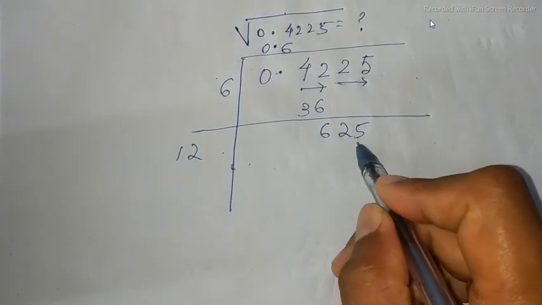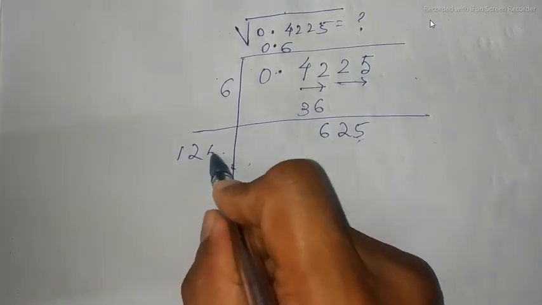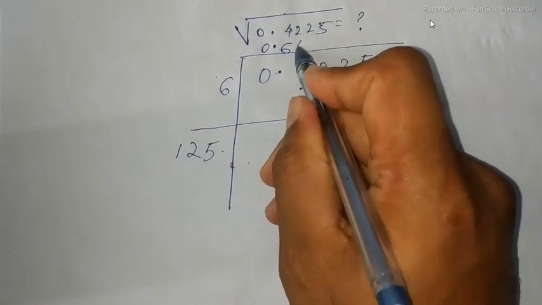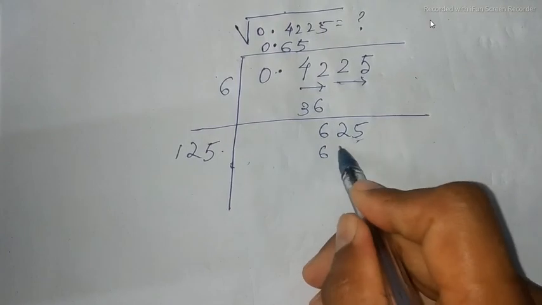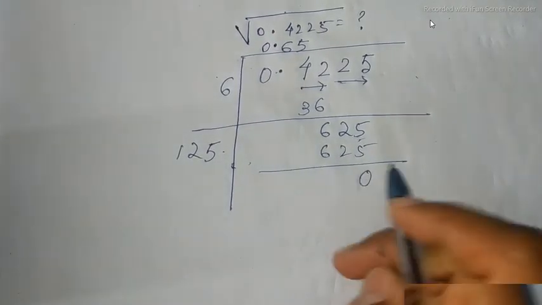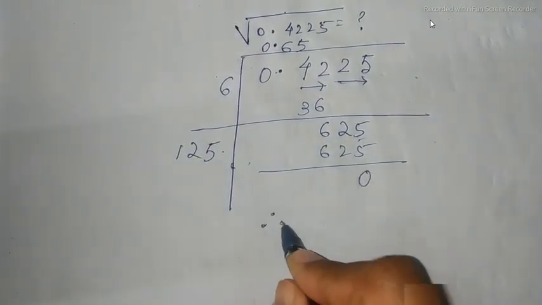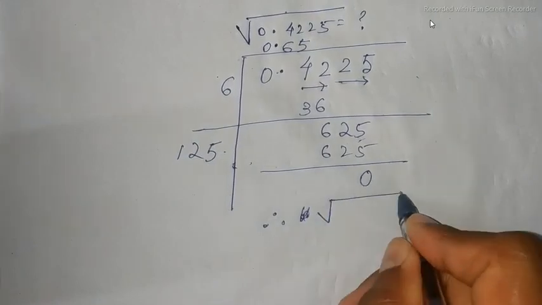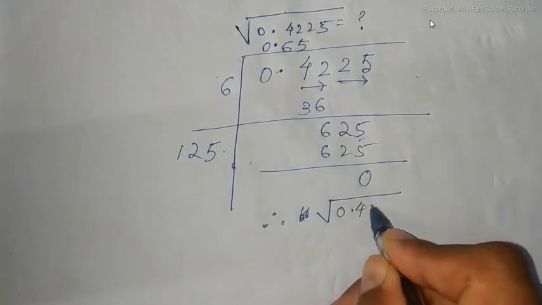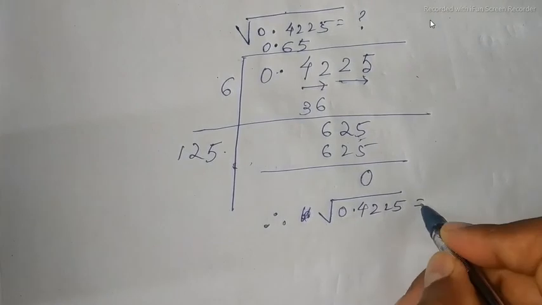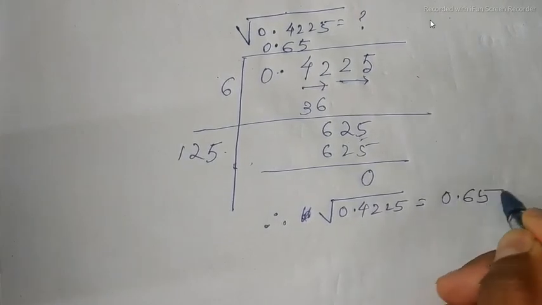Since the unit digit ends with 5, it will go by 5. 125 into 5 is 625. Therefore the square root of 0.4225 will be 0.65.